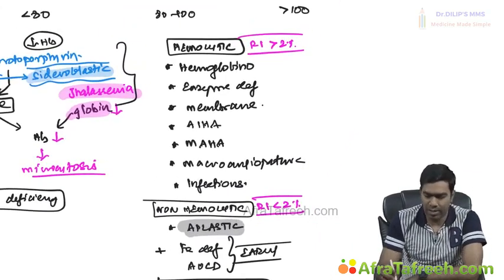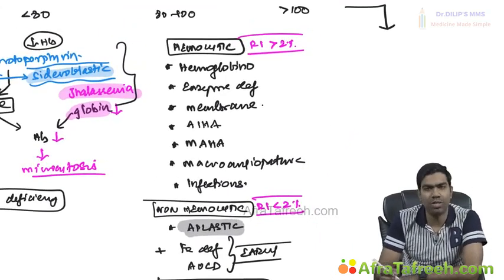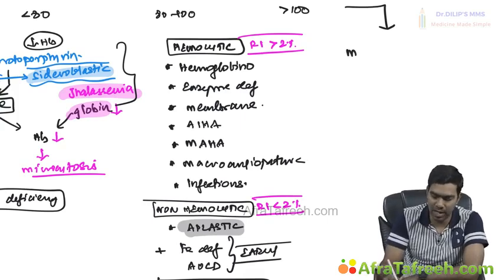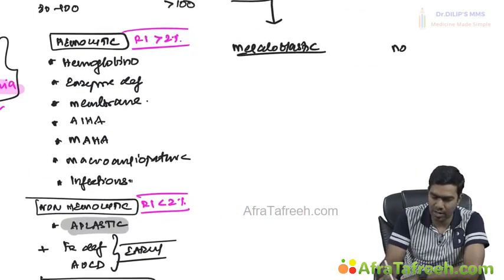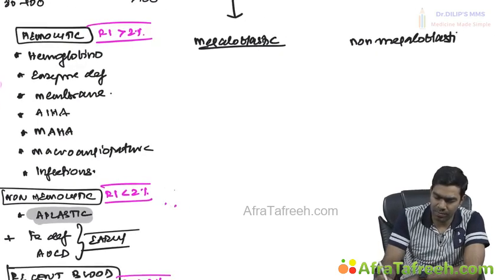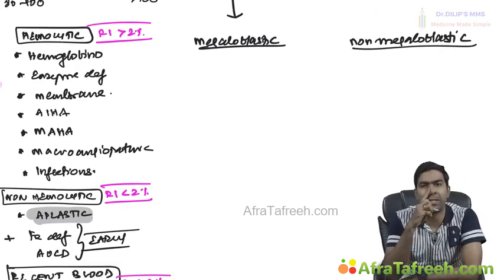Then macrocytic: you have a huge differential for macrocytic. Basically, I generally tend to divide it into megaloblastic macrocytosis and non-megaloblastic macrocytosis. So what is the difference between them?